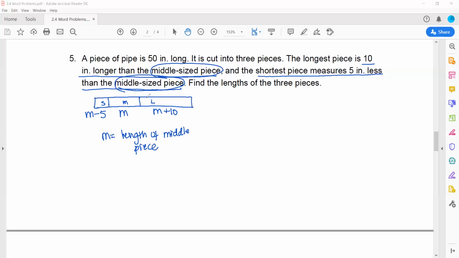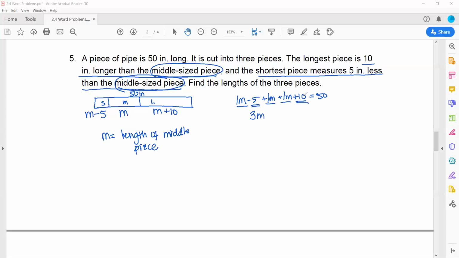We know that this entire piece of pipe is 50 inches long, so all three of these pieces need to add up to 50. So we have m minus 5 plus m plus m plus 10 equals 50. Then we can solve this one. Simplify first: combine the m's, then combine the constants. 1m plus 1m plus 1m is 3m.